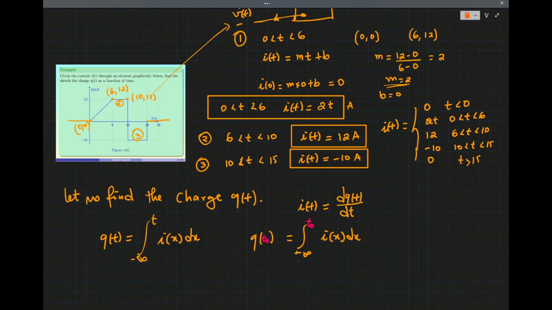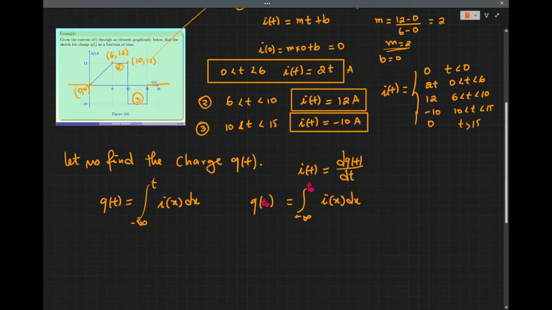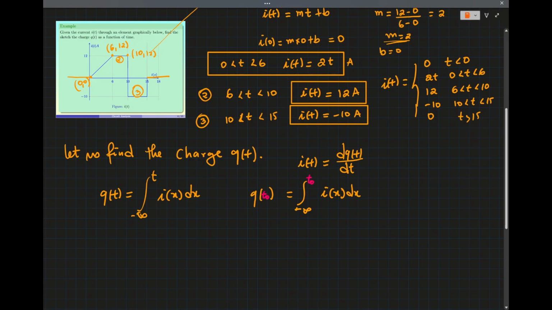The reason I'm doing this is that I wanted to put this charge equation into a form that is very convenient for us, so that we can integrate the current.